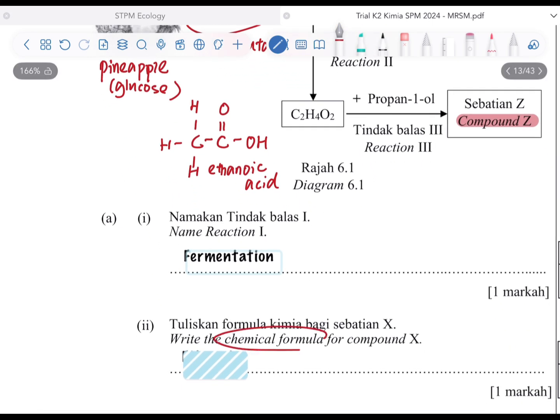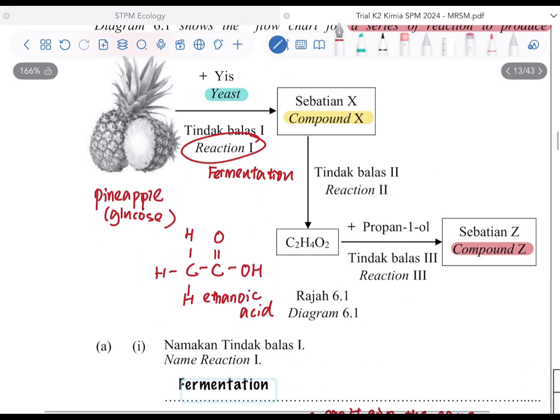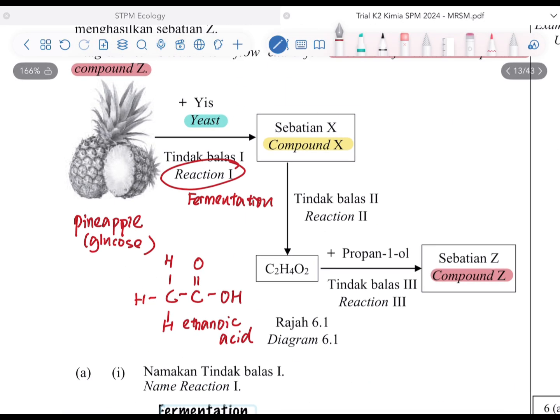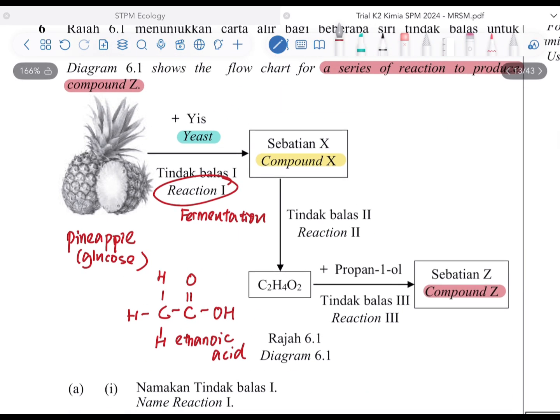Okay, write the chemical formula for the compound X. So here it already asks you to give the formula, so you cannot give the name, because this question wants to test whether you know the chemical formula for the compound X. So the reaction between glucose and yeast for fermentation, what will be the product? So test yourself.